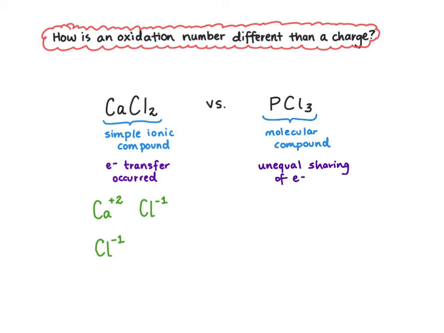So I'm going to draw the Lewis or VSEPR diagram of phosphorus trichloride. Chlorine atoms have an electronegativity of 3.2 each.